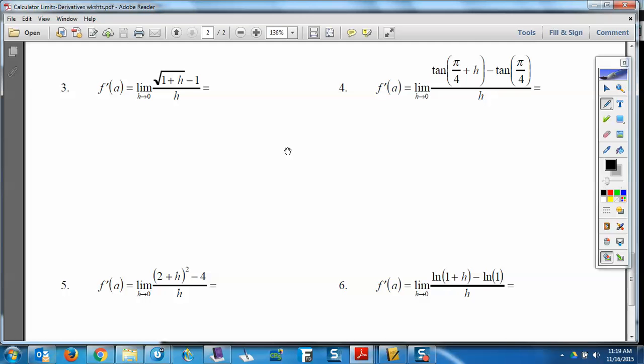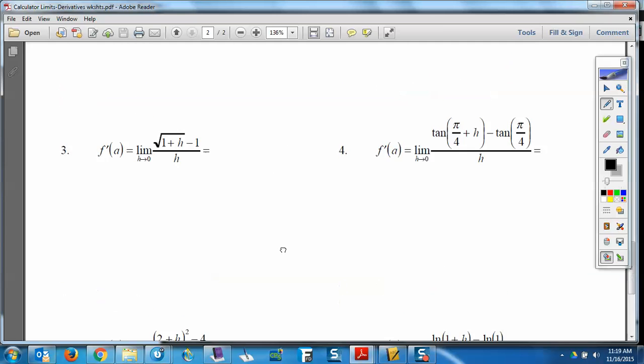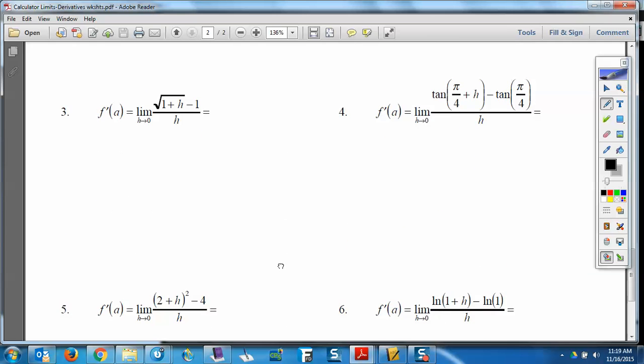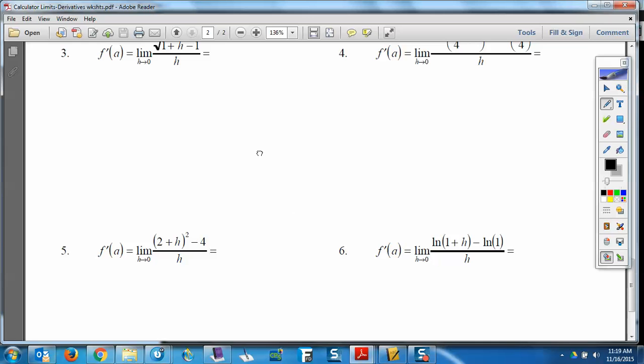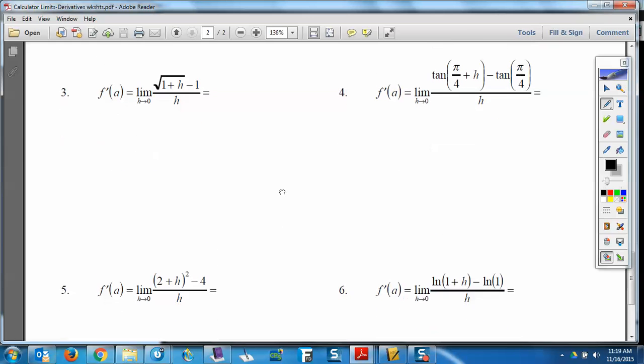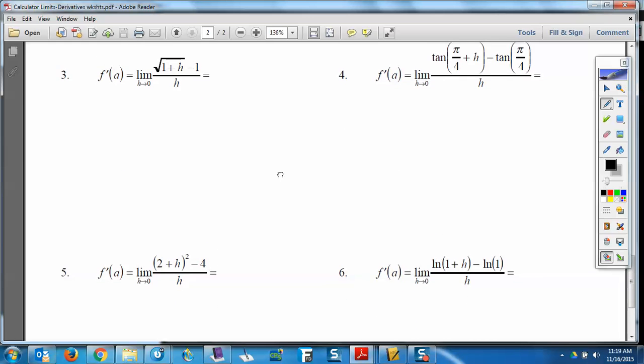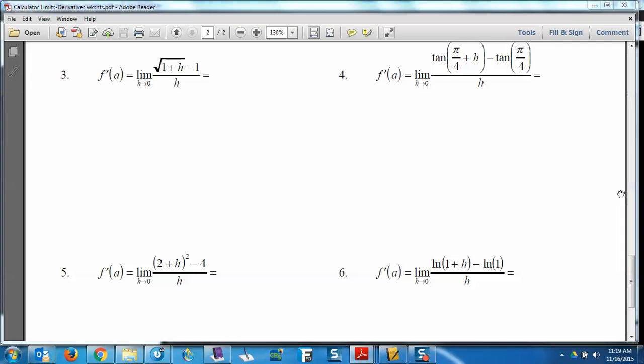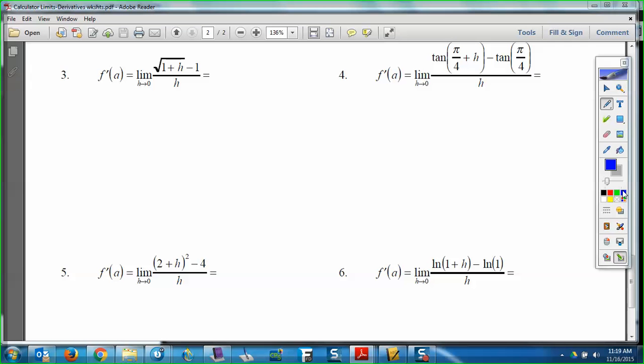There are two problems on here that we could have just done algebra to. So I guess we could practice a little algebra real quick. Can somebody tell me which ones? 5 and 3. 5 and 3 we could have done some algebra to. So as a bit of practice, let's do that.